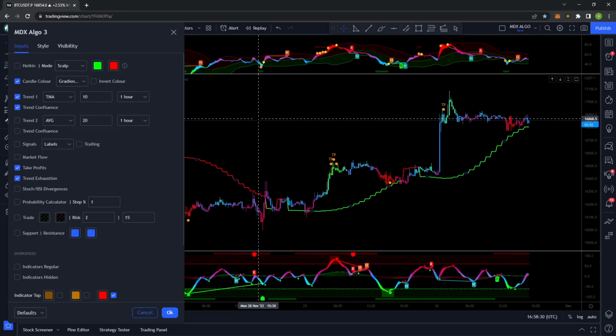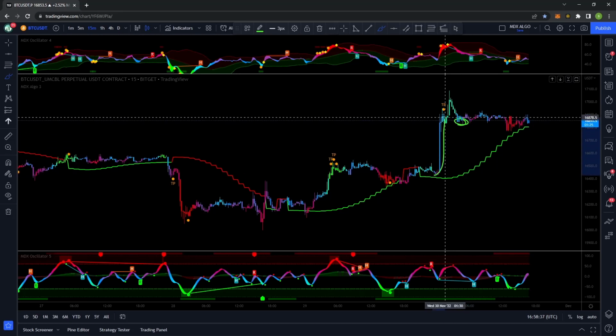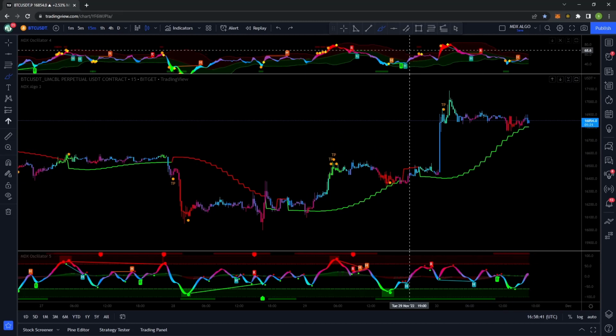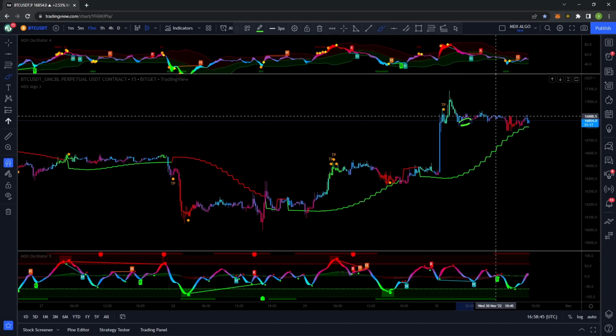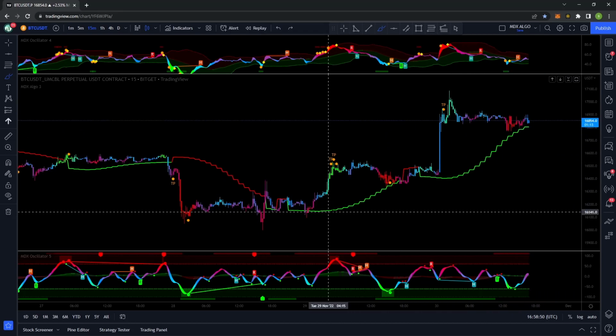And I don't want to get FOMO on random calls. Like, if we start getting long signals up here when we've already had this big move and we are trading so far away from this average, I'm not as interested in taking more long positions up here. So I'd rather be looking for those positions as we're trading along this.